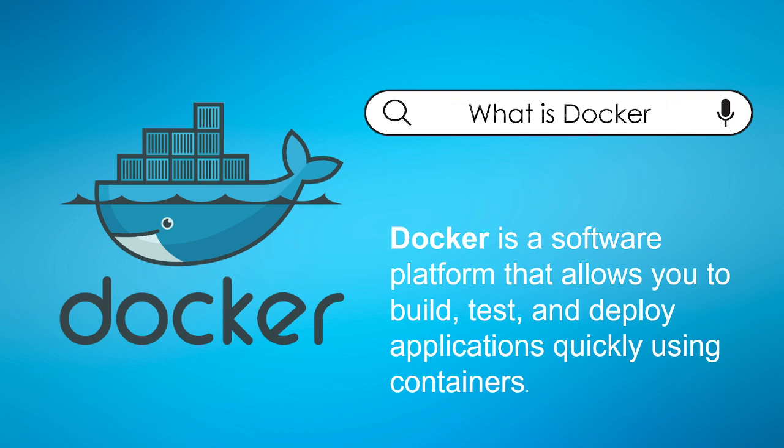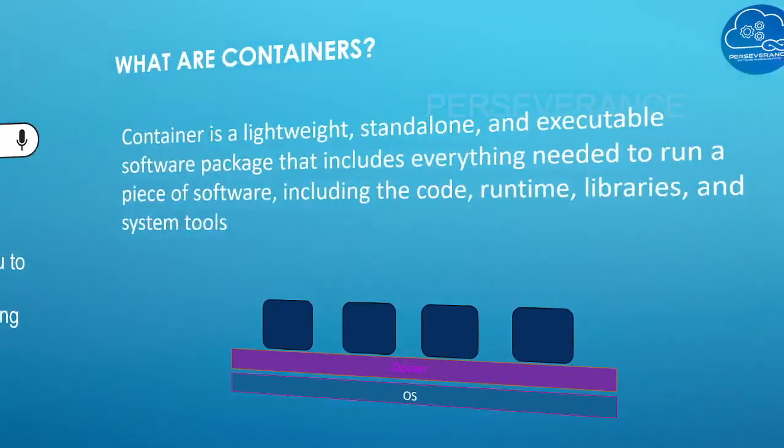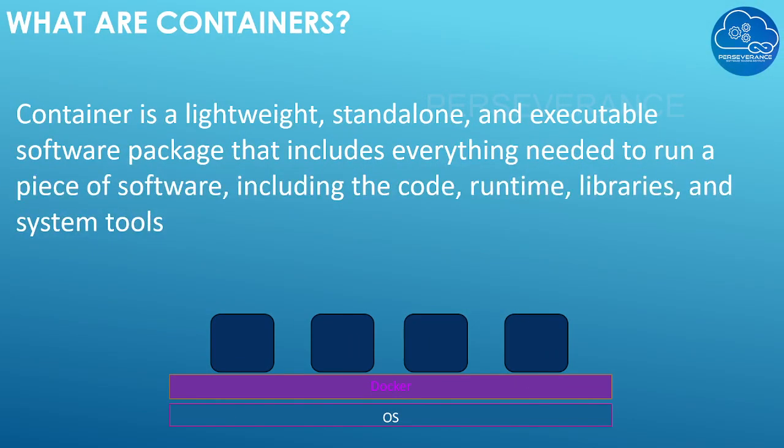All right, fine. You already know what a container is. See, a container is lightweight. But before that, let's see the image. If you see, you have an OS, whether you are on a bare metal server or a virtual machine. On top of the OS, you can install your containerization platform.